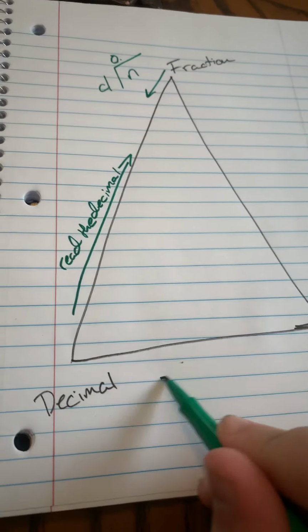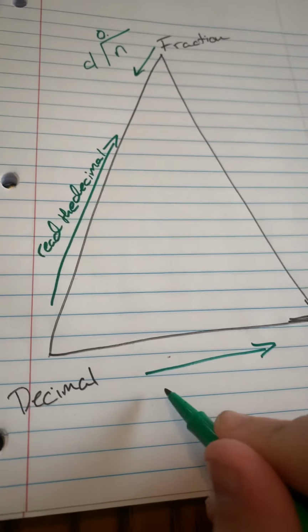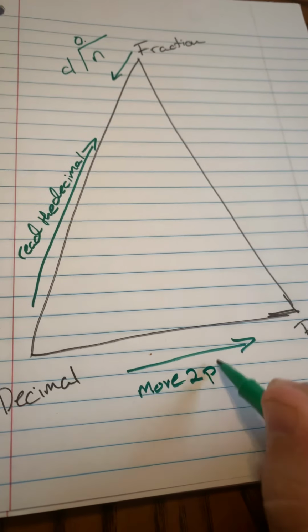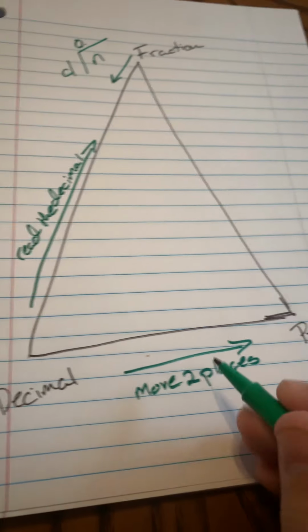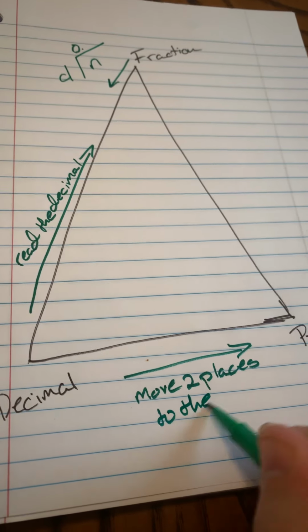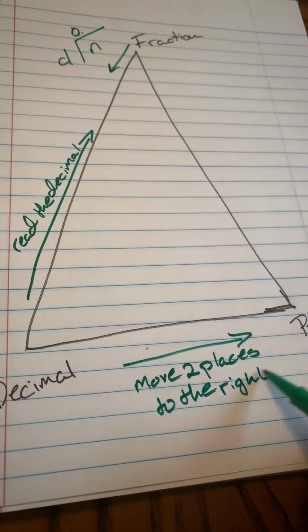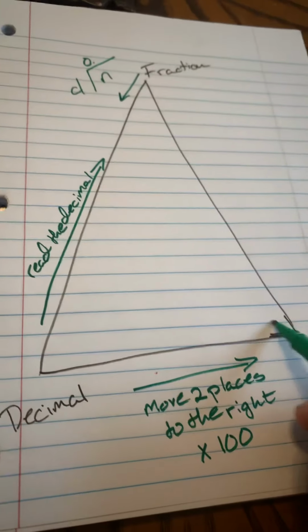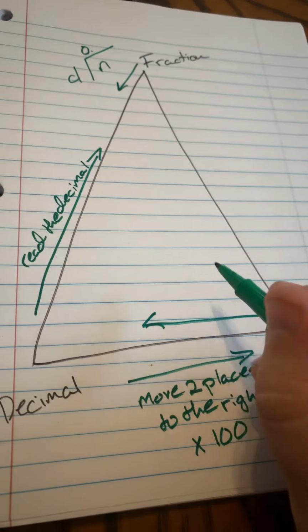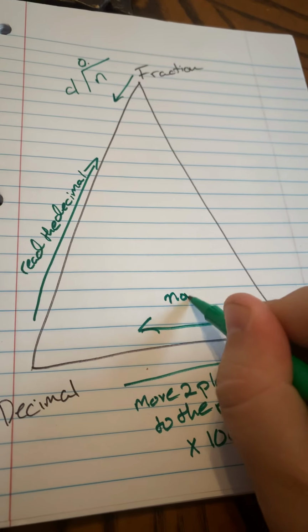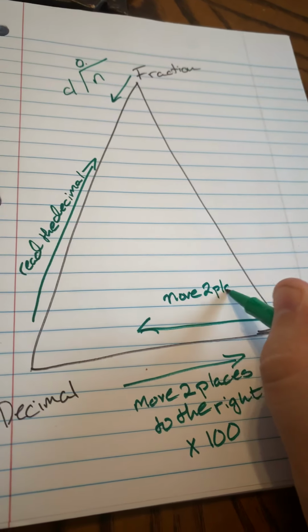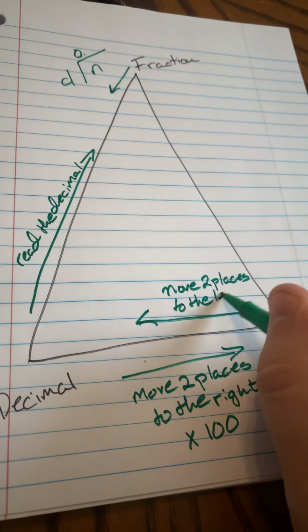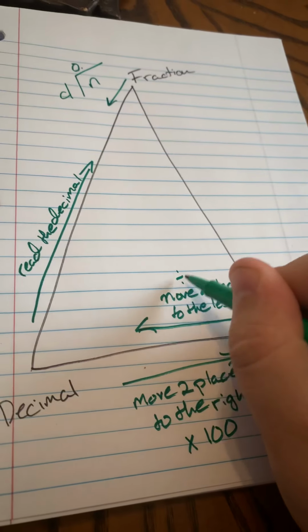From decimal to percent, we're either going to move it 2 places to the right, or multiply times 100. If I'm going percent to decimal, move 2 places to the left, or divide by 100.